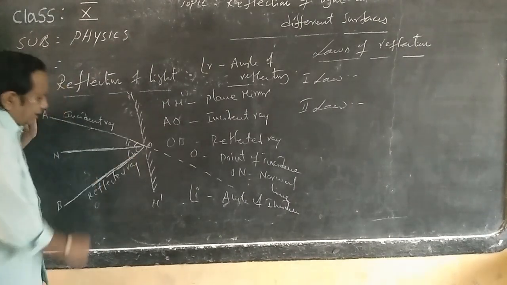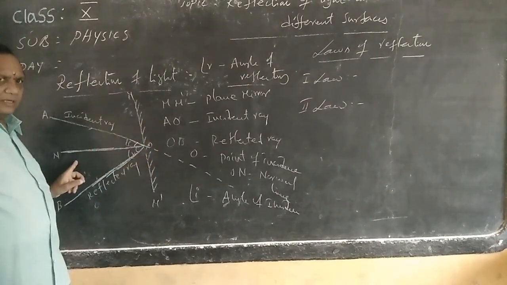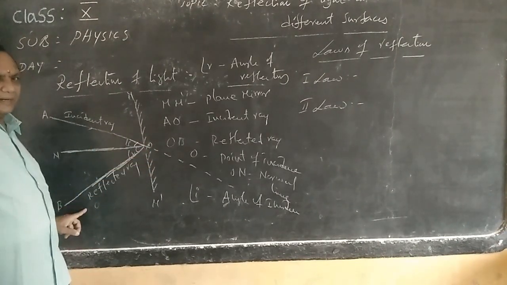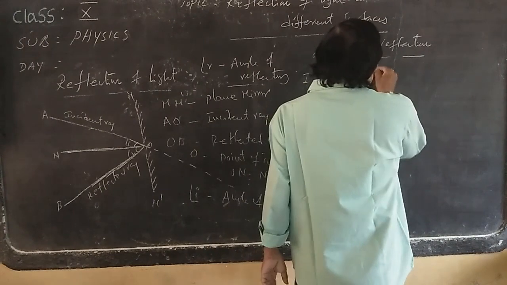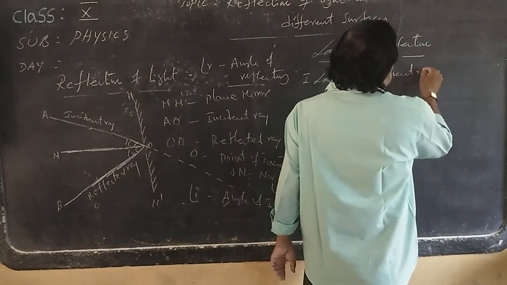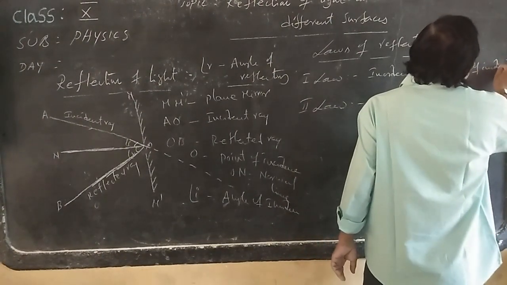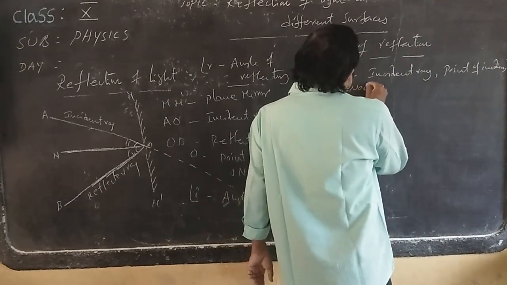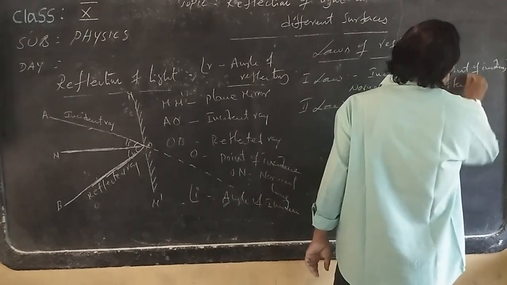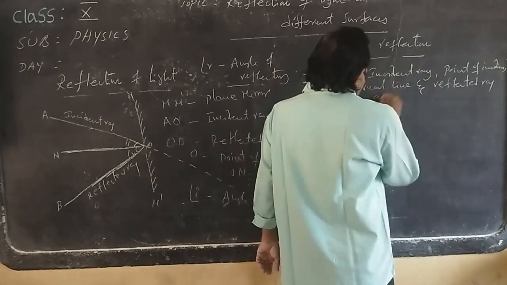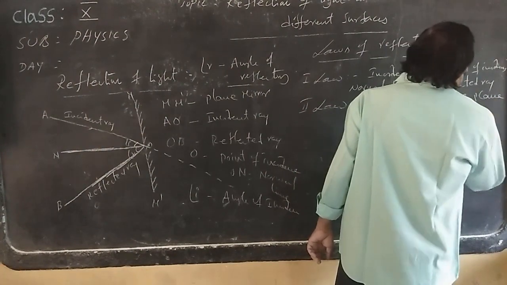So the first law of reflection states that the incident ray, point of incidence, normal line, and reflected ray all lie on the same plane.